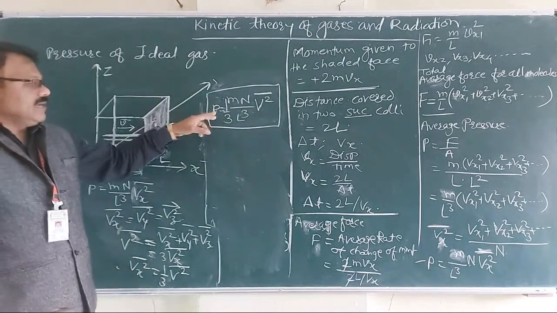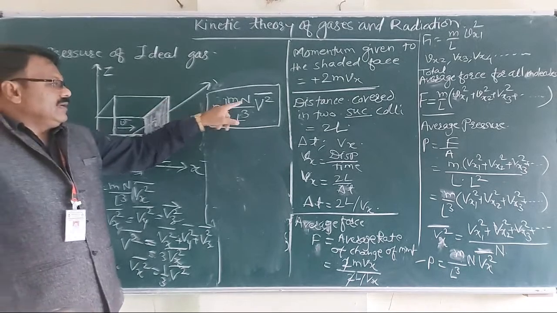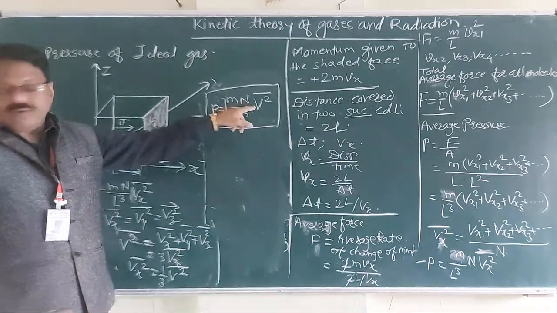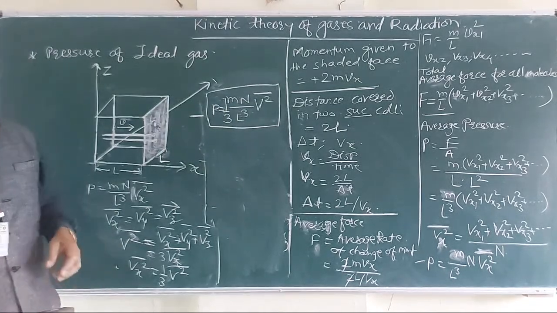So the pressure we get is 1 by 3 m into n upon L cube into V square bar.